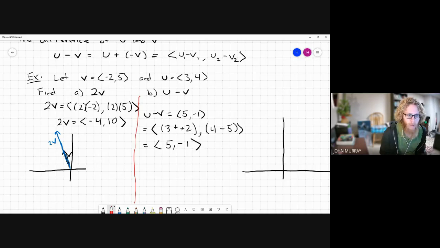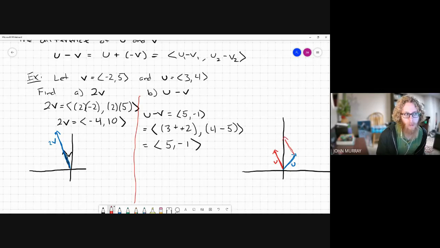All right, so I got my v vector here at -2, 5. I have my u vector here at 3, 4. Now I'm subtracting these two, okay? So I want to end up at 5, -1. Normally, I would move my v to the end of u, and I'd have a line that looks like this.